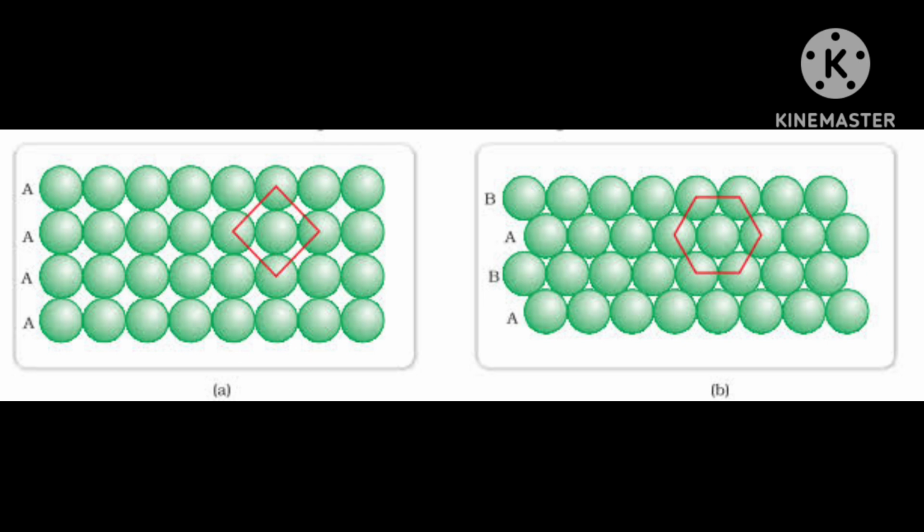If you join all the centers of the spheres, it will form a hexagon, 6. In the first case it was making a square, total 4, that's why it was called square close packing. And second, it is a hexagon, 6. That's why it is called hexagonal close packing of spheres in 2 dimensions. Both are in 2 dimensions.